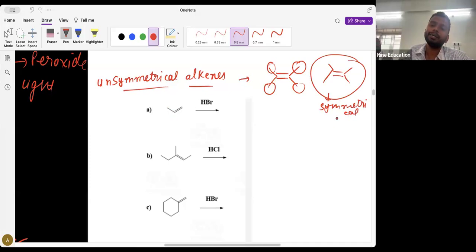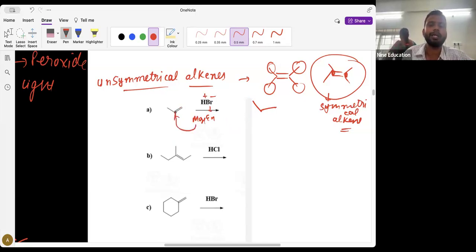So you can't tell here which is the more substituted side, which is the less substituted side, है ना? अगर आपके पास unsymmetrical alkene है, तभी आप उसमें बता सकते कि आपको H पॉजिटिव और Br माइनस में से कौन सा कहाँ पे आएगा. तो let's say we have this. So we always know that more electronegative Br minus will come at more substituted site.